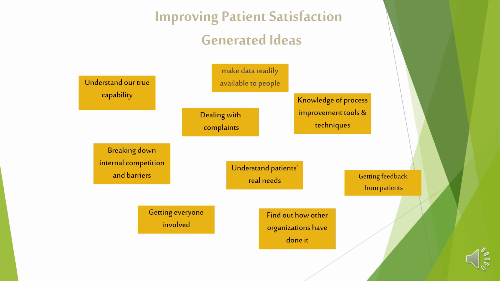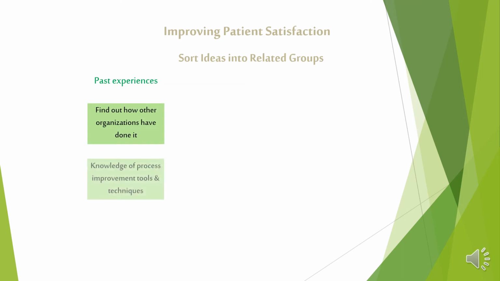We just generated them. Now we have to sort them. How to sort them? Go to the flip chart and put the main category, like past experience, then put the ideas related to past experience, like finding out how other organizations have done it, or knowledge of process improvement tools and techniques from the past.